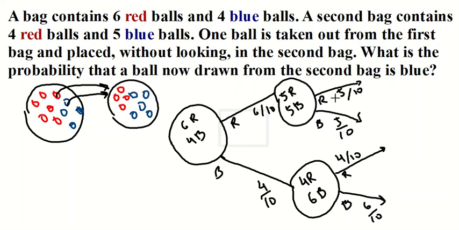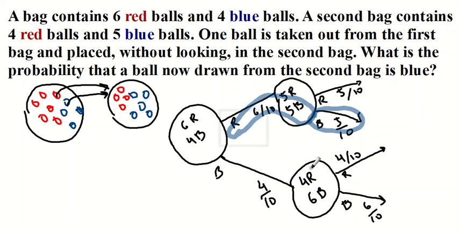So now if we are to calculate the probability that a ball drawn from the second bag is blue, we will just add the probabilities in which we are getting blue balls. So here we have a line in which we are getting a blue ball, and because this event wouldn't have occurred if we hadn't selected a red ball, we will also multiply this probability as well.